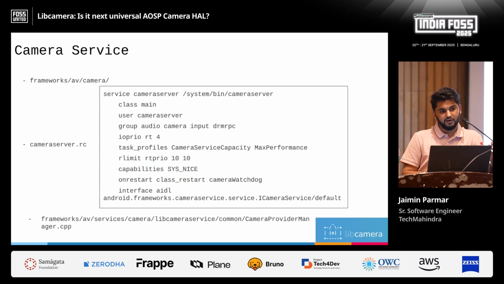Camera provider HAL is what will provide the camera device to your Android upper layer. So the camera provider manager will launch and it will ask the system how many camera providers we have, and it will register with the camera server.